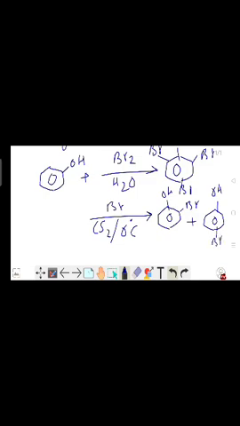And you know, due to steric hindrance, here the OH and bromine group are present at adjacent positions. So due to steric hindrance, this orthobromophenol is produced as a minor product, but in case of parabromophenol there is less steric hindrance, so this parabromophenol acts as the major product.